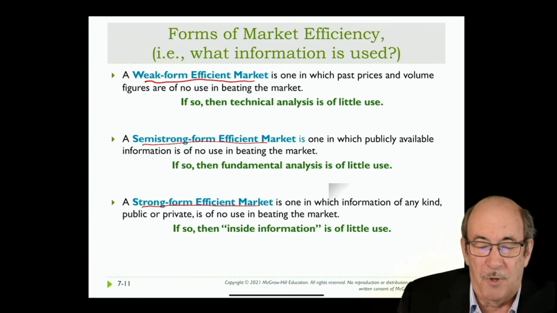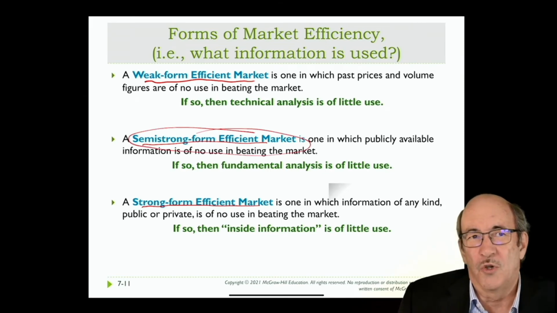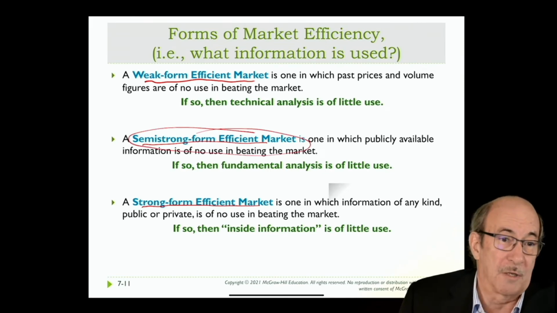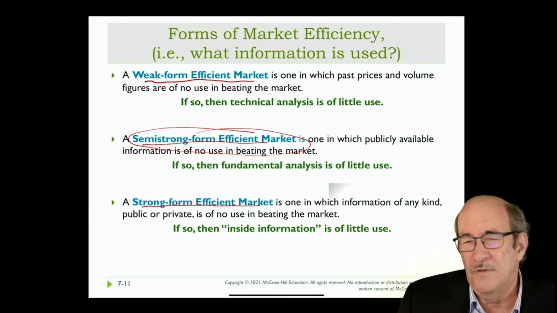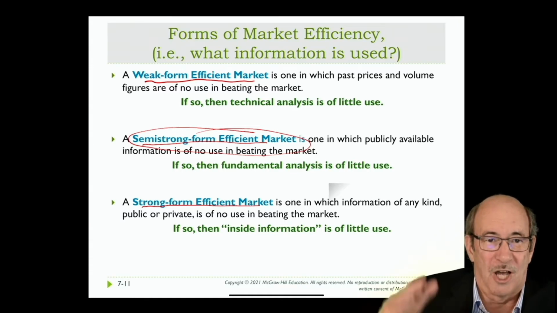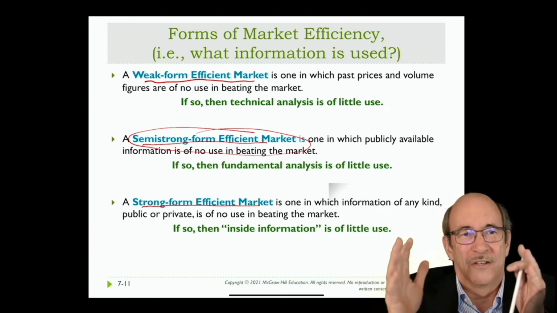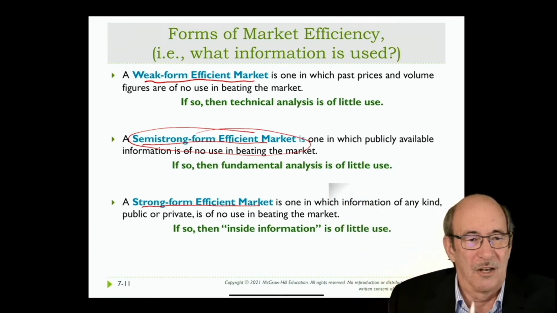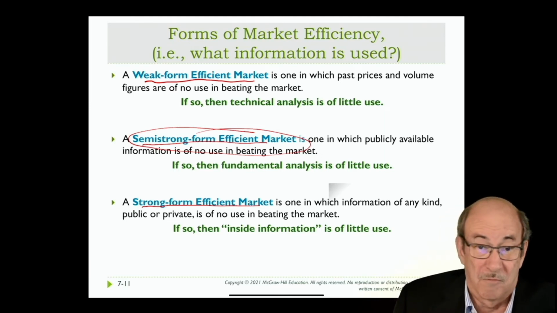Let me give you an example of this sort of analysis. What did we talk about on Tuesday? Well, we talked about security analysis, right? Aren't we using all the publicly available information? Isn't that kind of what I said there over the course of the class? Top-down analysis: start at the economy, go down to the industry, go down to the firm, understand all of the ways that it interacts with all the constituents.